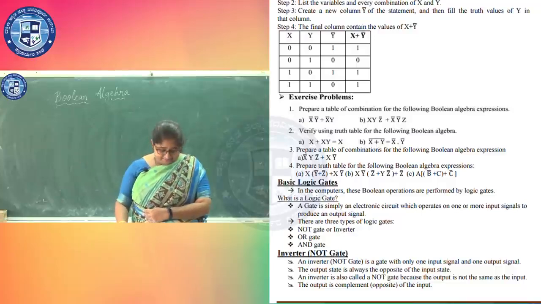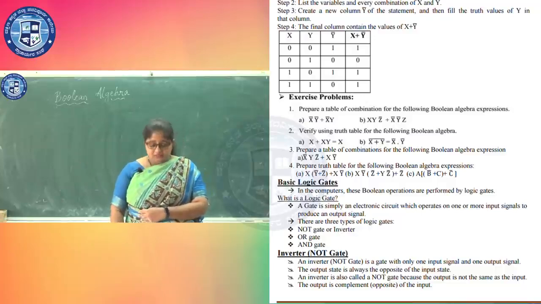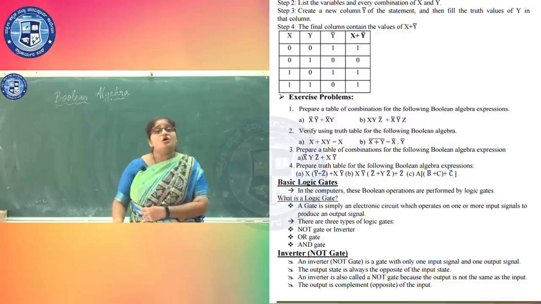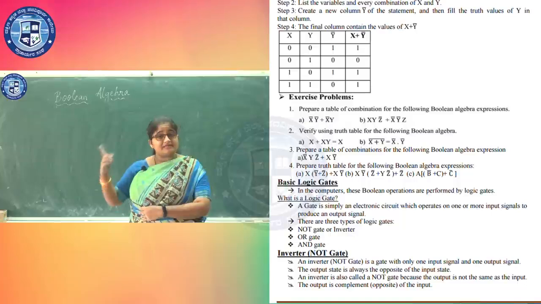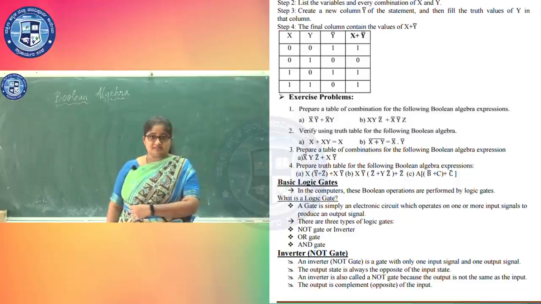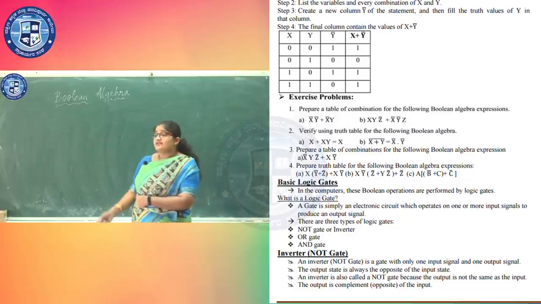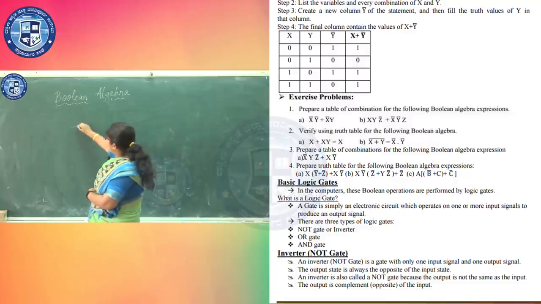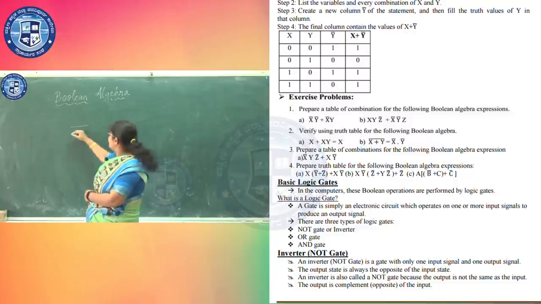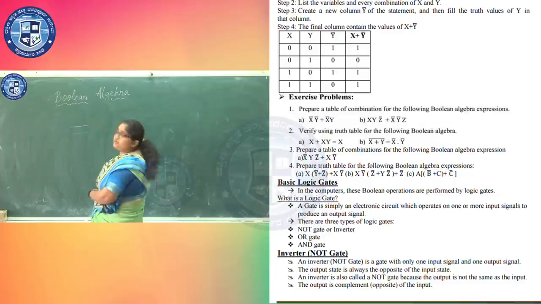A gate is simply an electronic circuit which operates on one or more input signals and will have only one output signal. Inside a gate, you can have one input signal or two, but once it passes through a gate, there is one output.